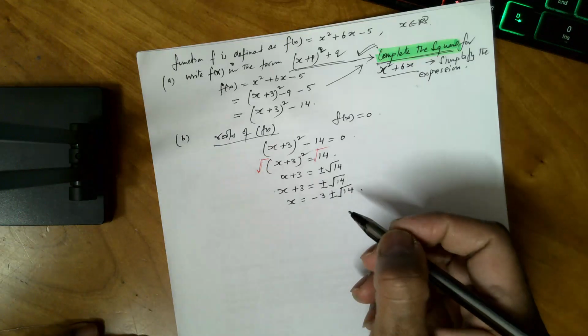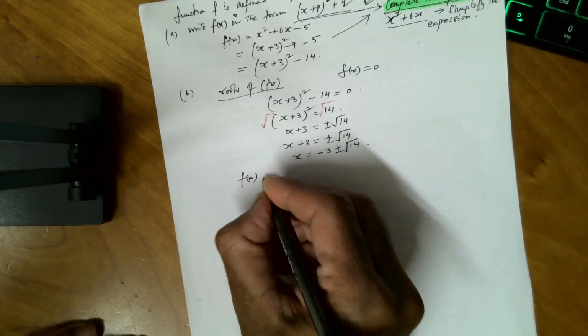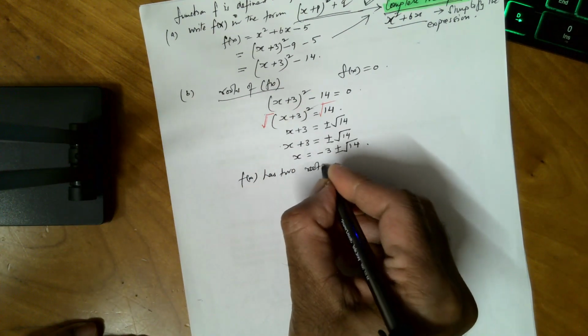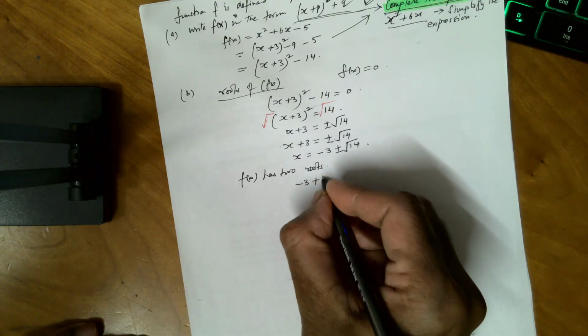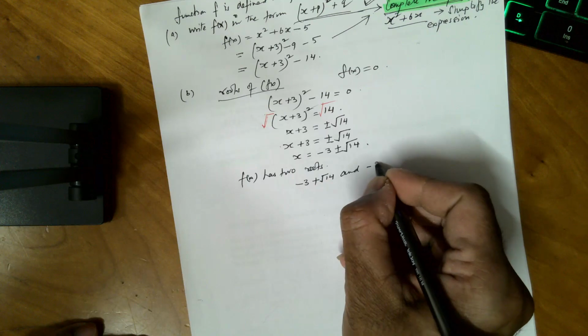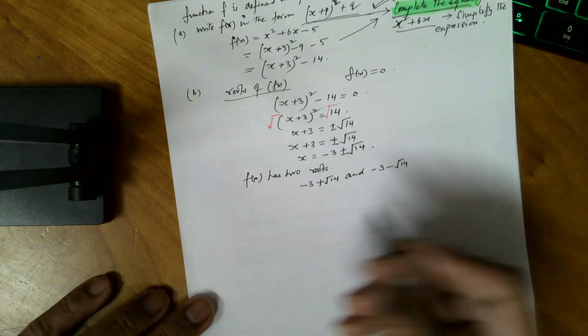Okay, so you see the f(x) has two roots. So you can write here f(x) has two roots. One is minus 3 plus square root of 14 and minus 3 minus square root of 14, right?